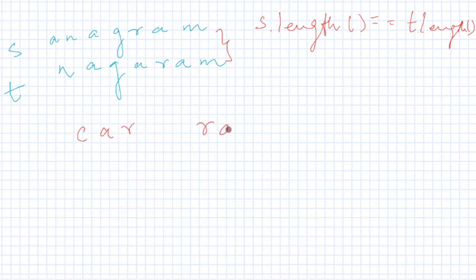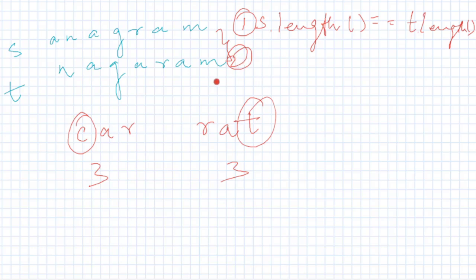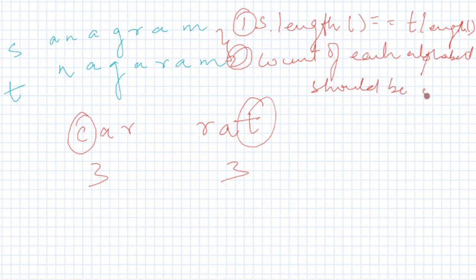Let's say we have two words, and here the length is 3, here the length is 3, but are they anagrams? No, because here we have C, here we have T. So length should be the same as the first constraint. Secondly, the count of each alphabet should be the same in both.